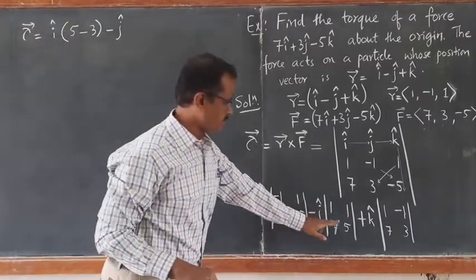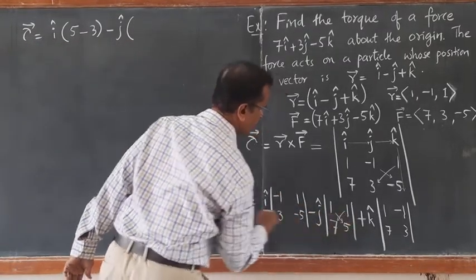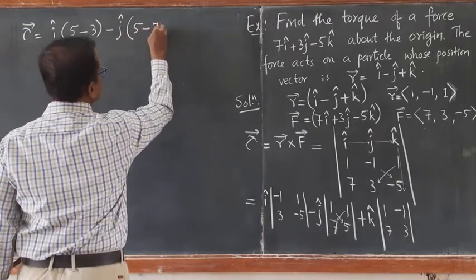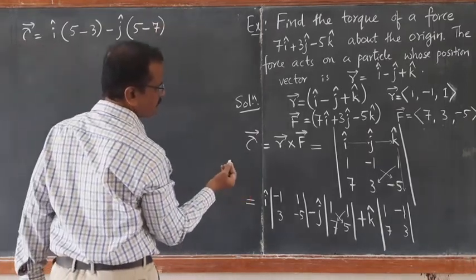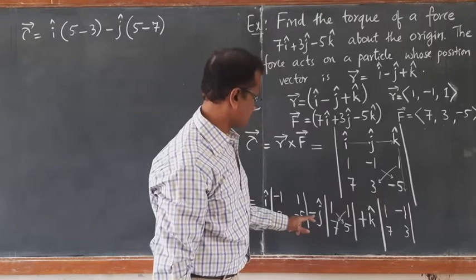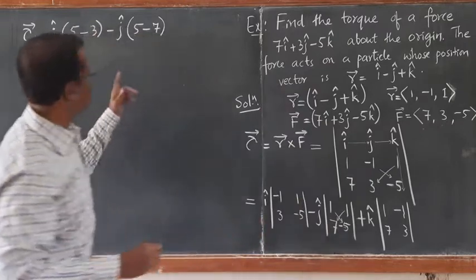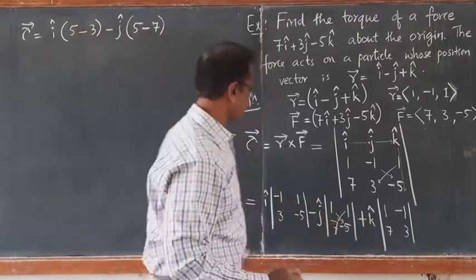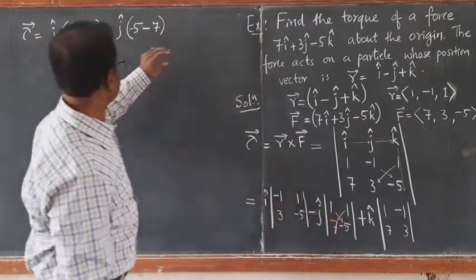Minus j into 1 into minus 5, you have to follow the order, minus 1 into 7. I think here minus 5 is there, I was missing that minus 5. So 1 into minus 5 becomes minus 5, and then minus 1 into 7. Correct.